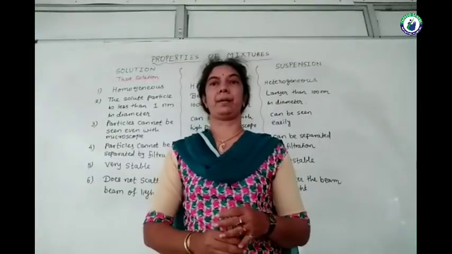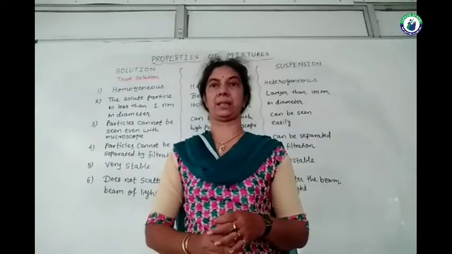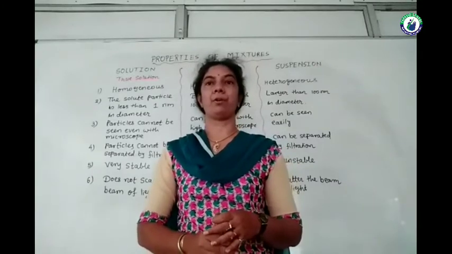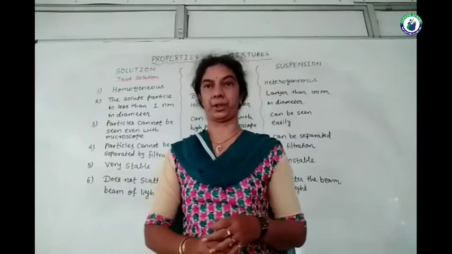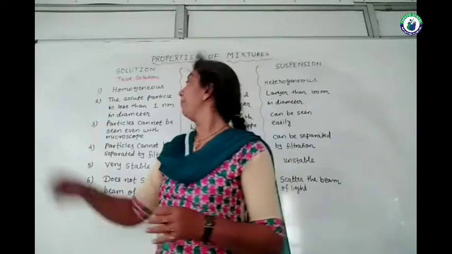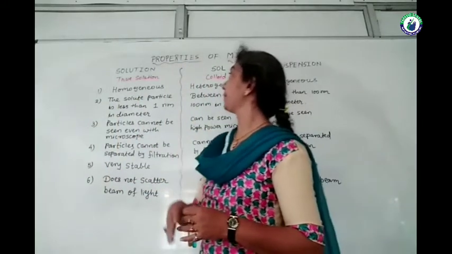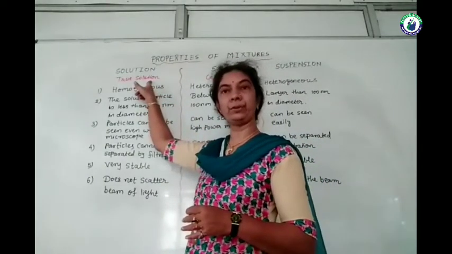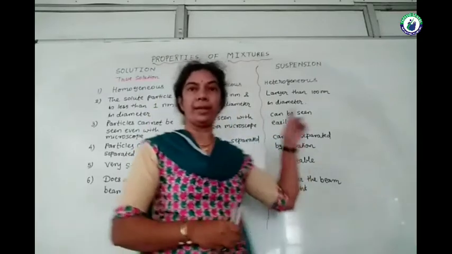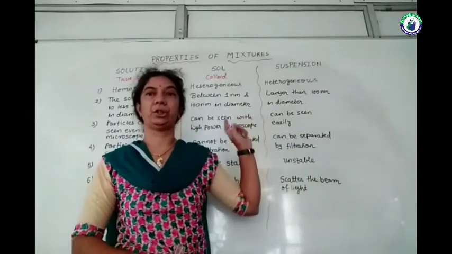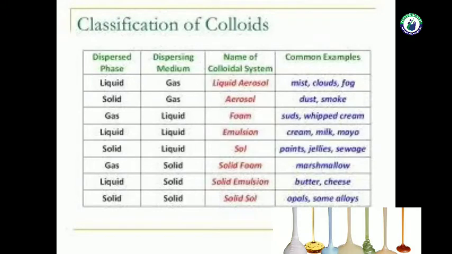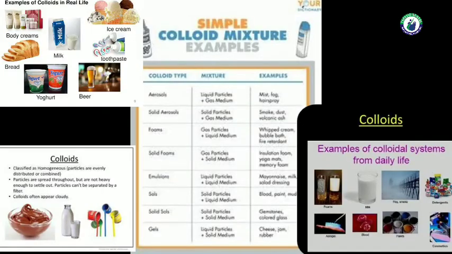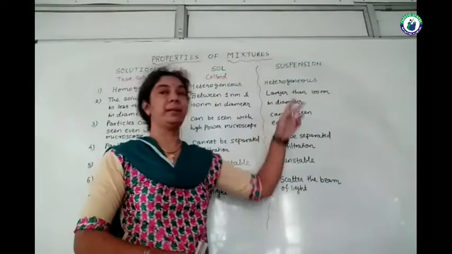We are trying to discuss the properties of different kinds of mixtures. Basically, we have three types: solution, which is also known as true solution; colloids, which are known as sol; and the suspension.